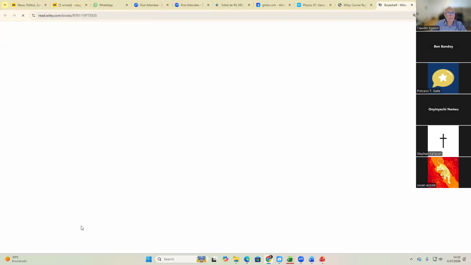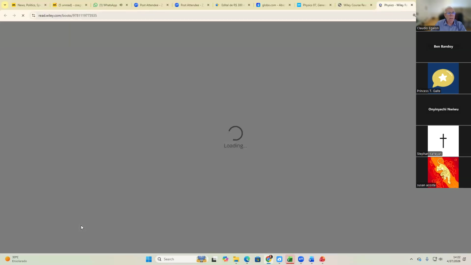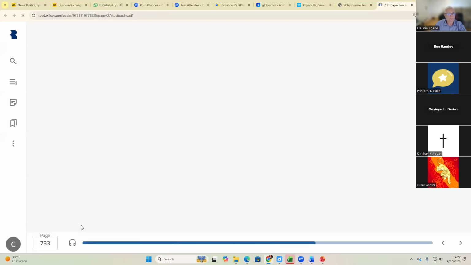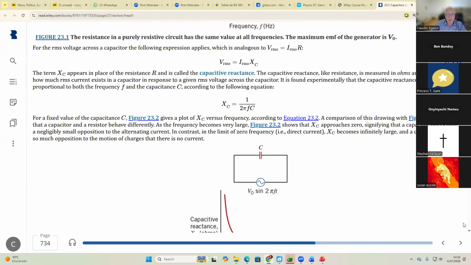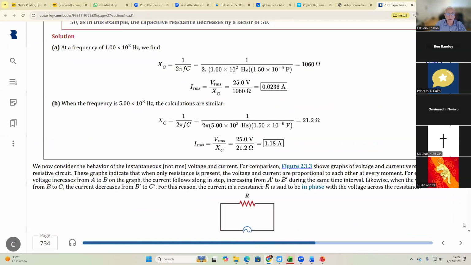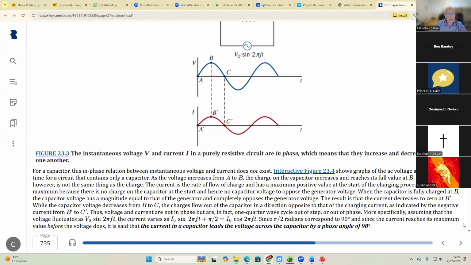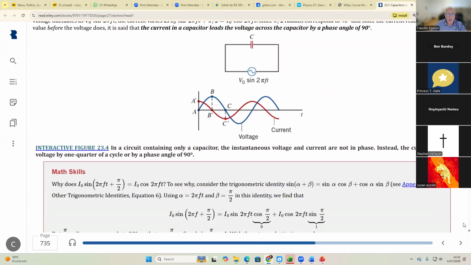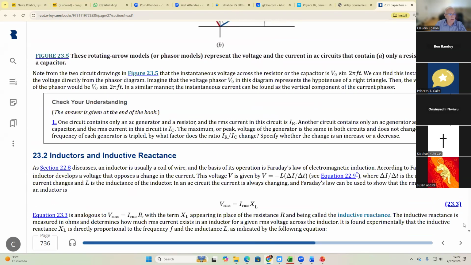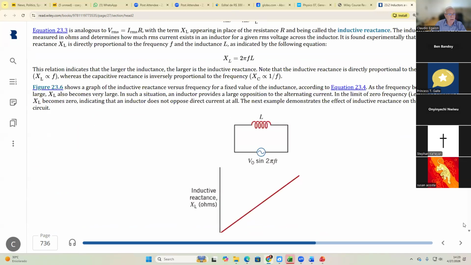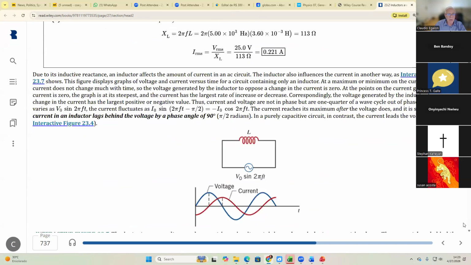Launch. And yeah, that's the capacitance. Capacitor. No, there's a resistance, right? Let's see here. Here go the vectors, the phasors, inductors, and inductive reactance. We covered that.